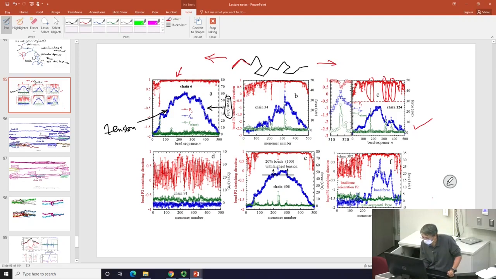And similarly, you have the chain tension in blue. So that's some information that you can depict.